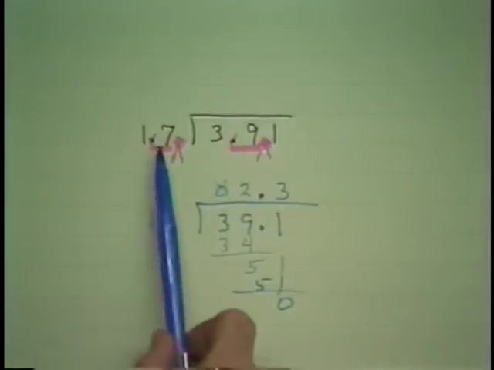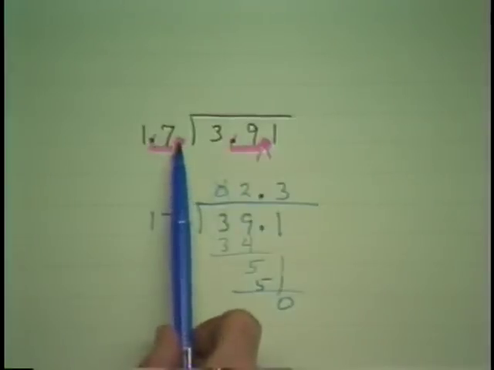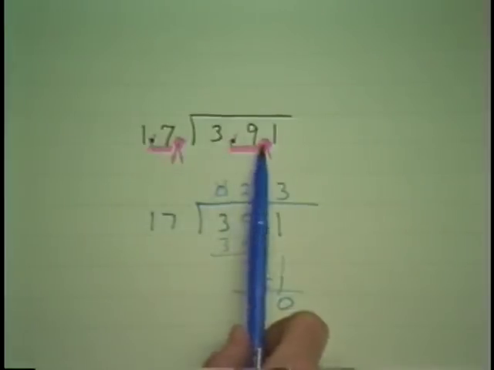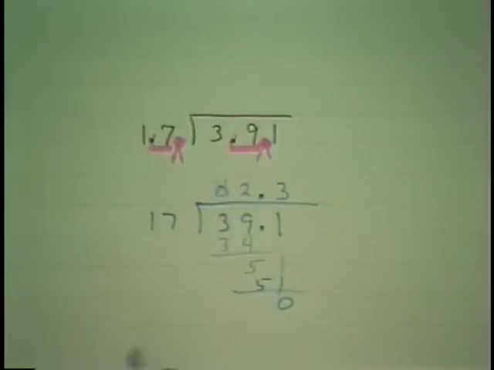Again, move the decimal point to the right end. However many places you moved it, move the dividend decimal point to the right as many places. So what you're really doing is trading one problem with a decimal point for an equivalent problem with a whole number divisor.